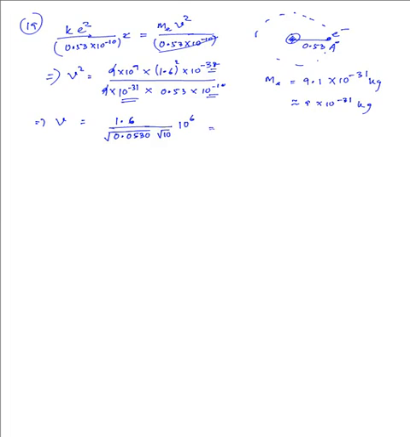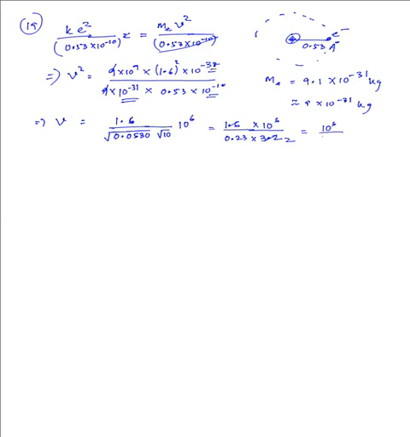So now this becomes 1.6, this is 0.23 approximately, and as we know, root of 10 is approximately 3.2, 3.16 actually. We can take it as 3.2, and this one goes 2 times 3.2, so 1.6 over 0.46 times 10 raised to the power 6.